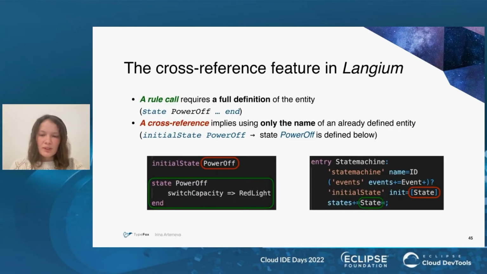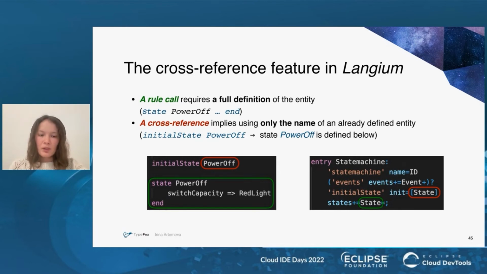You may notice that some rules are enclosed in square braces while others are not. Rules that are enclosed in square braces are called cross-references, and they have other functionality compared with usual rule calls. When we write a rule call, we are waiting for some definition of this rule, so something that can be parsed by this rule.